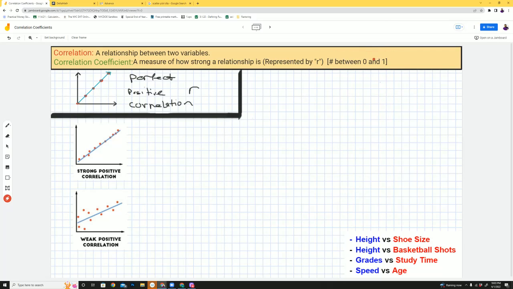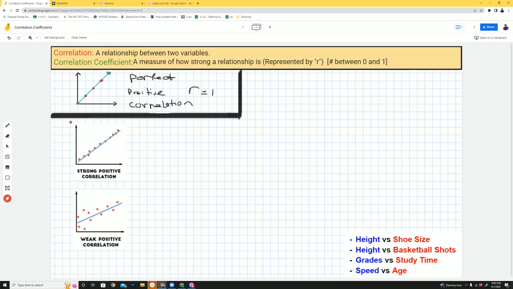The strongest relationship is when it's equal to 1, and the weakest relationship is when it's equal to 0. Since this is a perfect positive correlation, it creates a perfect straight line. It's a perfectly strong correlation at r equals 1.